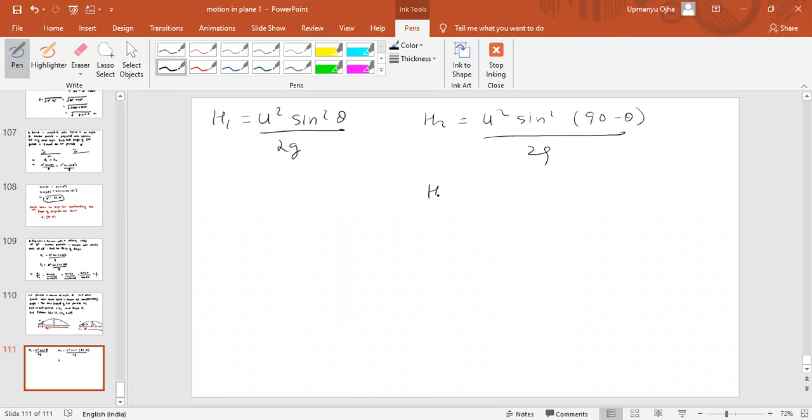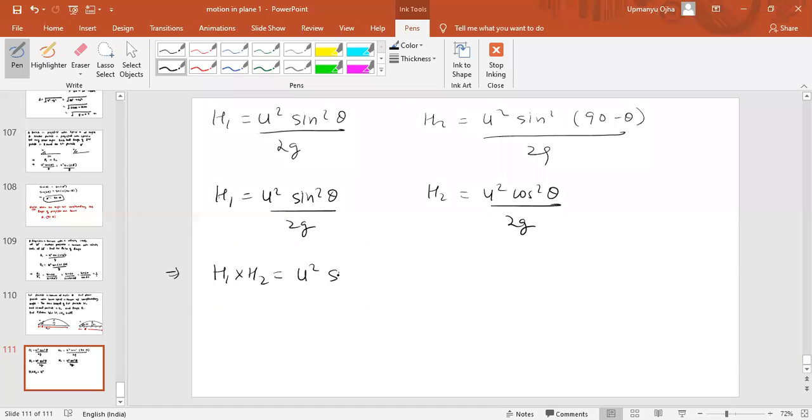So h2 is u square cos square theta by 2g, and h1 is u square sine square theta by 2g. If I multiply h1 with h2, I get u square sine square theta by 2g into u square cos square theta by 2g.